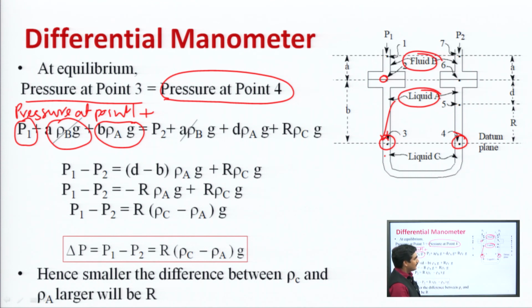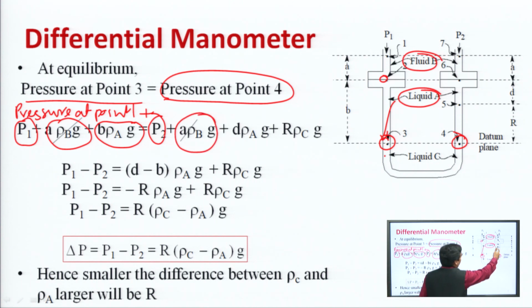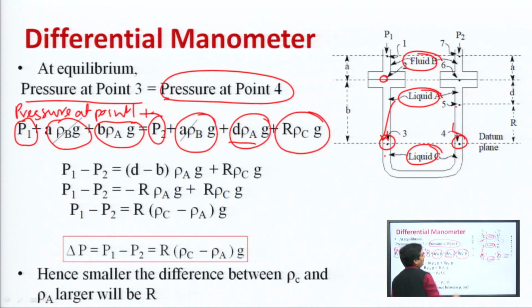Similarly, on the other limb, pressure at point 4 is equal to the sum of all the 4 pressures. That means pressure at point 7 is P2, pressure at point 6 due to fluid B is A rho B g, pressure at point 5 due to liquid A is D rho A g, and pressure exerted by liquid C between points 5 and 4 is R rho C g.